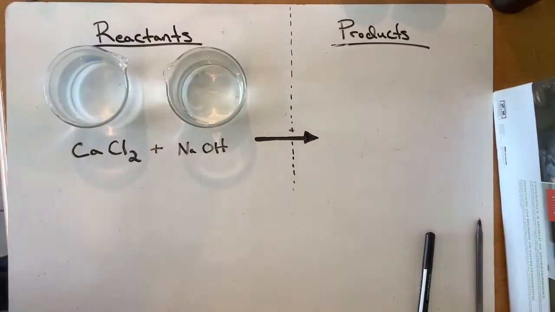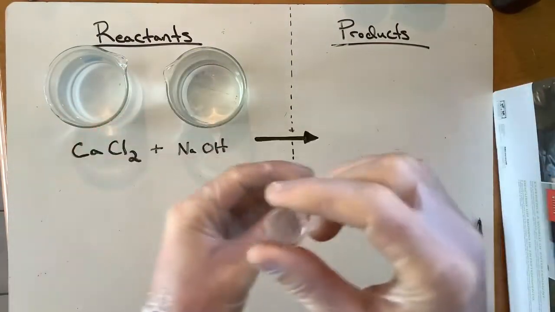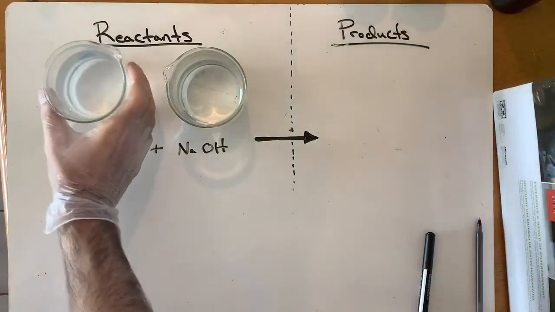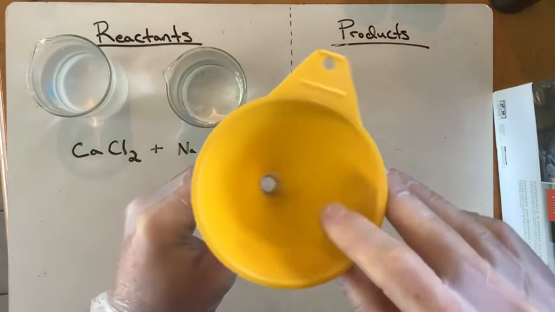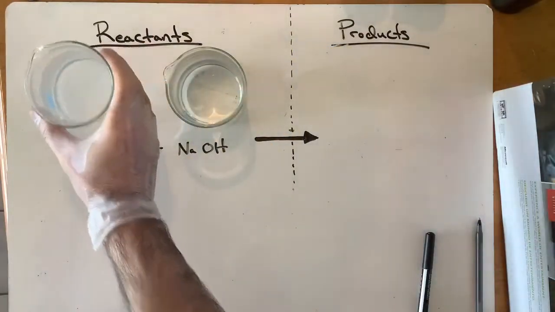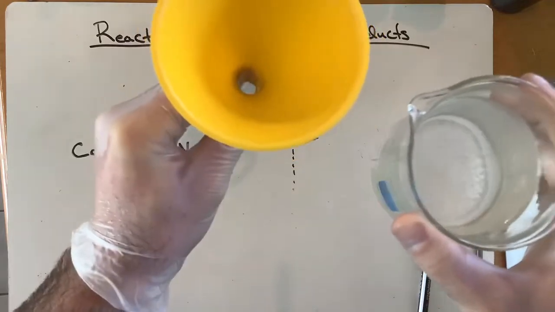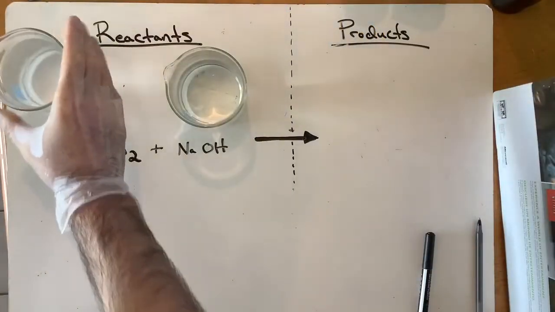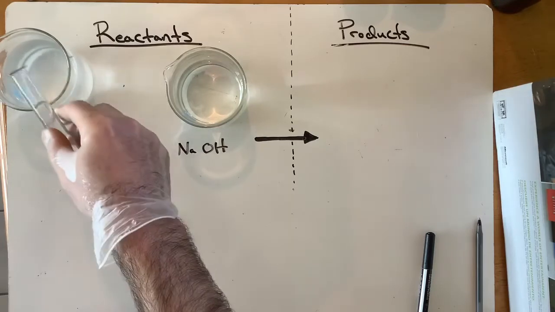Okay, so I've got a test tube here, and this is what I'm going to use to combine these two reactants. So I'm going to put a little bit of my calcium chloride in. Add just a tad too much.